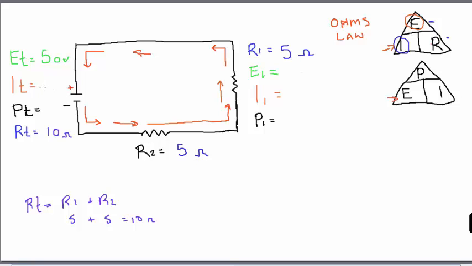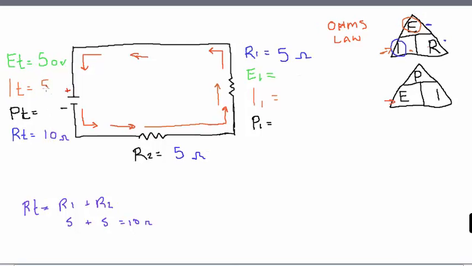Let's find out what our total amperage is. That hasn't changed at all, because if we look over here, top right hand corner, my total amperage is equal to my total voltage divided by my total resistance. So if we look at my total voltage of 50 volts, my total amperage will be 50 volts divided by 10, which is 5 amps.